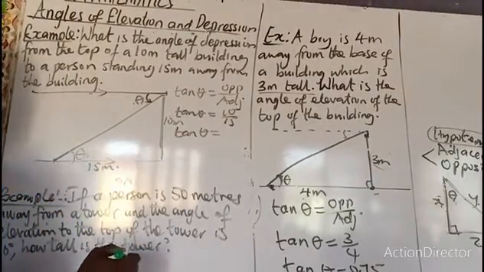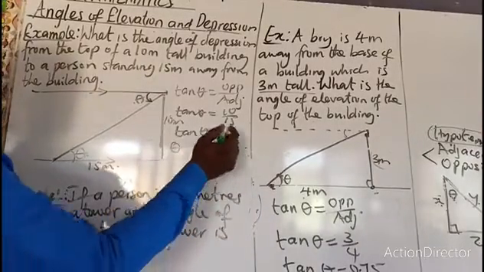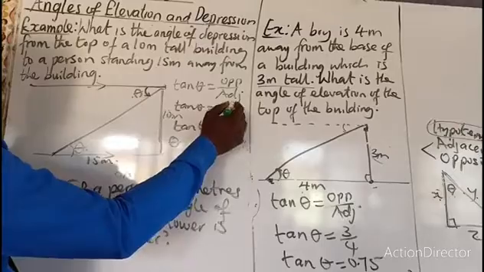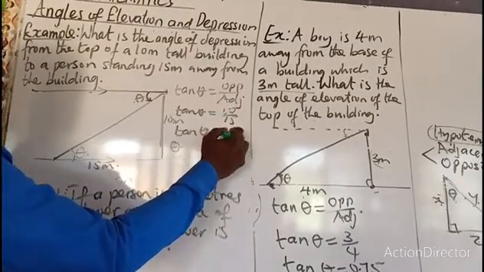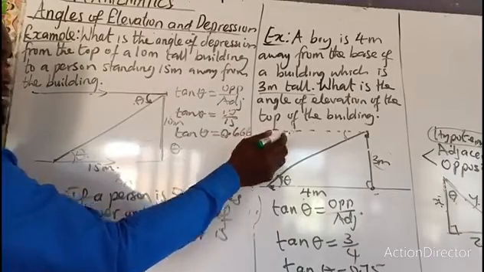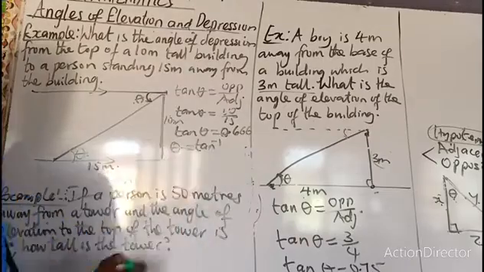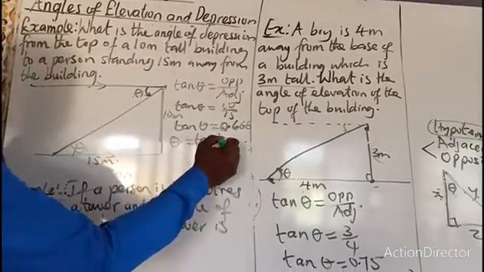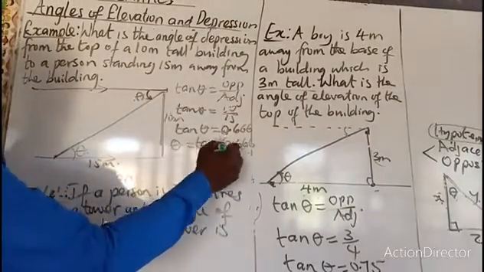What's 10 over 15? You calculate what you get. 0.6666, right? So theta will now be equal to arctan of 0.666. What does that arctan mean?